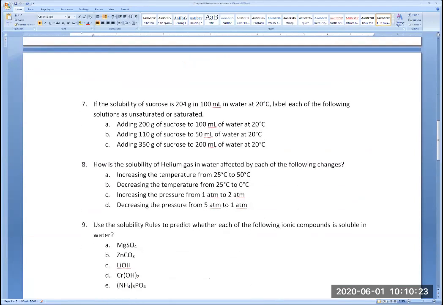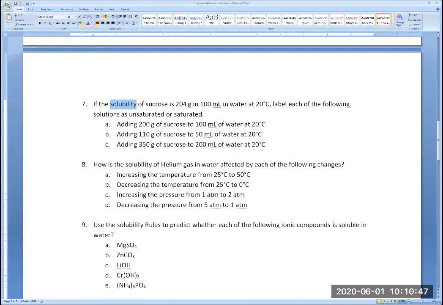And so solubility, it actually means a value. Solubility represents the maximum amount of solute that can be dissolved in a given amount of solvent.